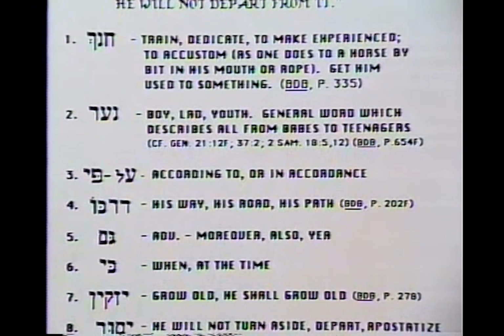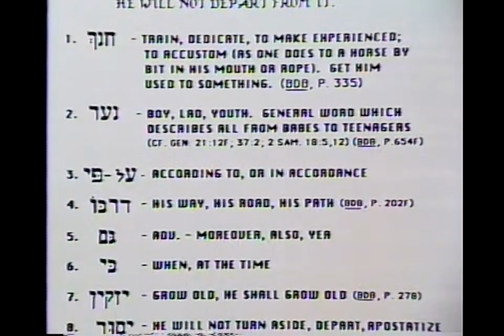And then some other biblical references in Brown Driver Briggs. And then the phrase al-pi, according to or in accordance. Then I looked up the word derek, his way, his path. And then the adverb, moreover, also, yea, when, at the time, ki, when you grow old, he shall, or when he shall grow old.